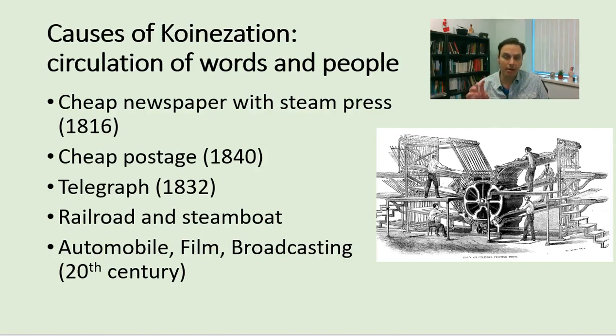We talked already about how in the United States' context, there were more people moving, and this created a greater convergence in the dialect of the United States from an earlier date.